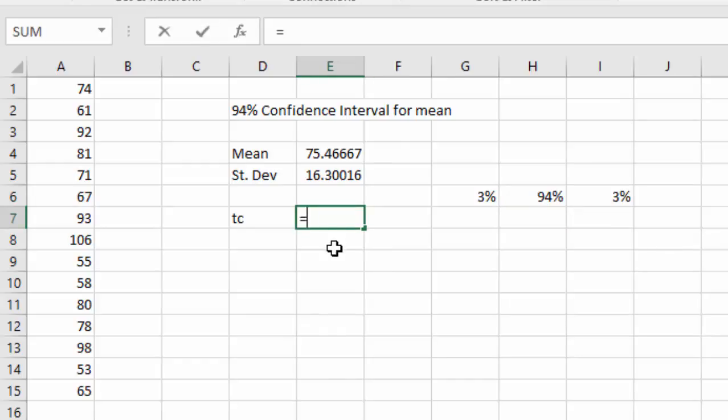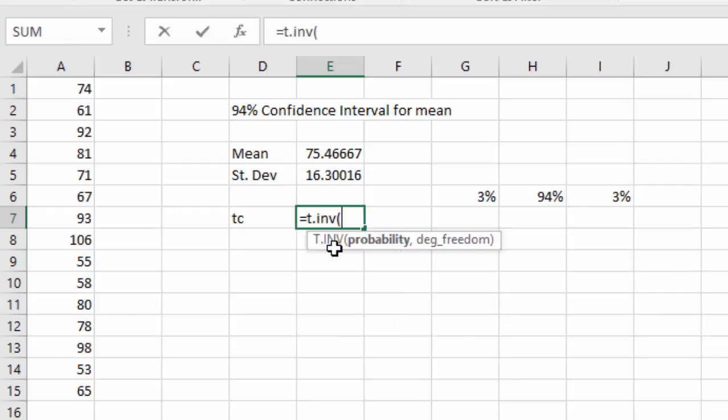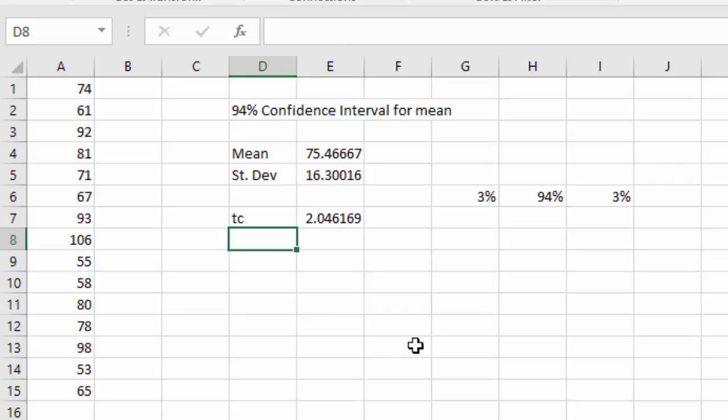This time we're going to do the t for t-distribution, .inv for inverse, and the probability is 0.97, comma, and then we type in the degrees of freedom, which is 1 less than our sample size. There's 15 data values, so the degrees of freedom is 14. And now we've got our t sub c of 2.04.